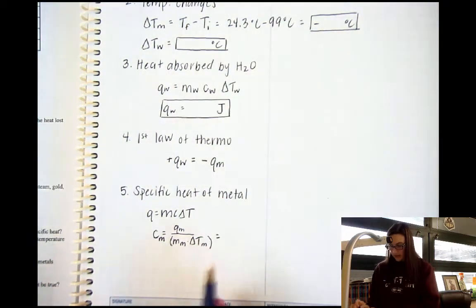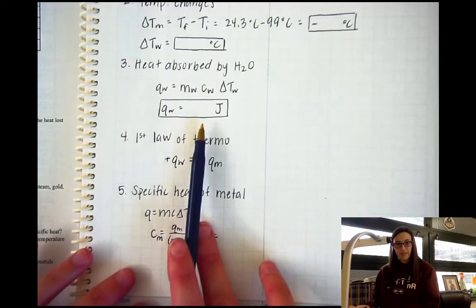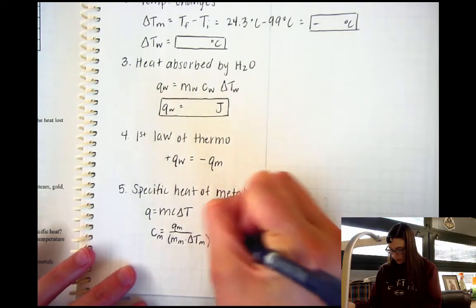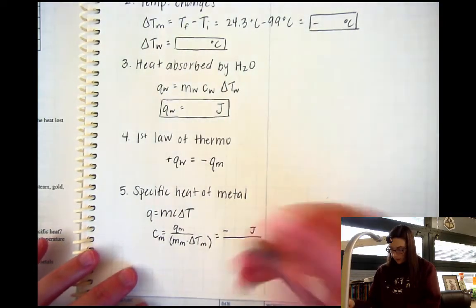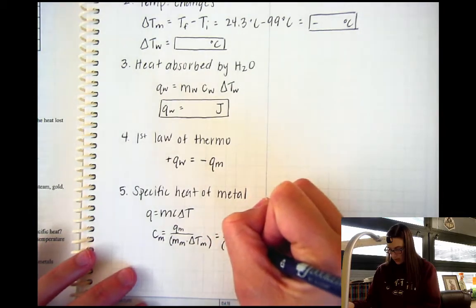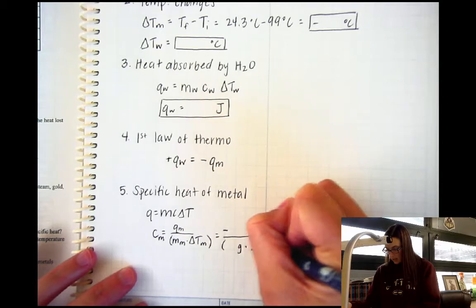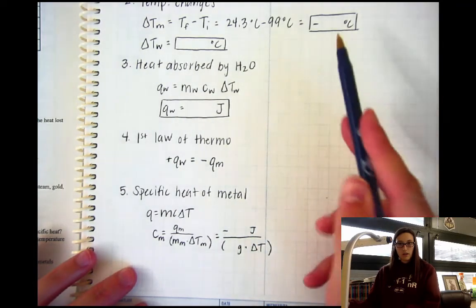So we're going to actually plug in our values. Q of the metal, we've already said, is the negative value from number 3. So we're going to have a negative number of joules. You can plug your numbers in. Mass of the metal will come from our data table. So look at your data table. And your delta T, which is degrees Celsius, comes from number 2.